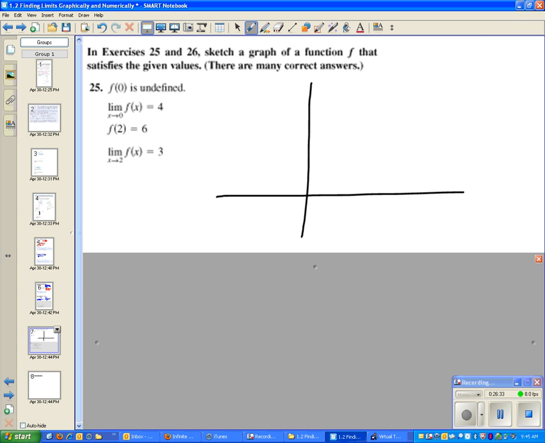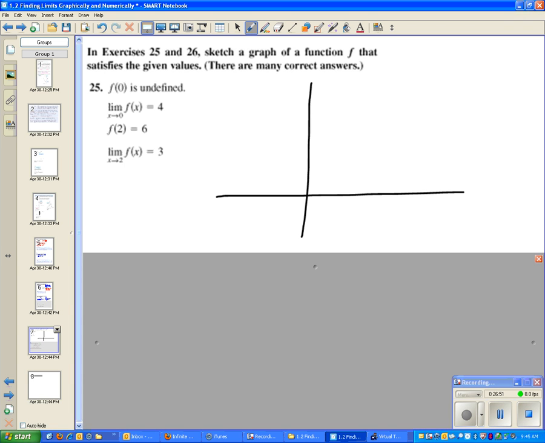Now, f of 0 is undefined. Could be a lot of things going on there. Could be an asymptote. Could be just a hole in the graph. Since it has a limit as x approaches 0, I'm going to make it a hole in the graph because that's pretty easy to deal with.